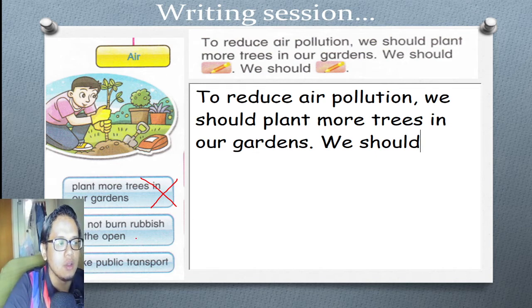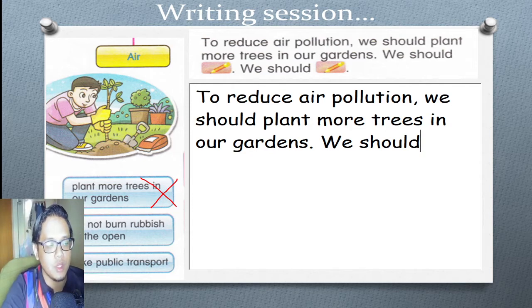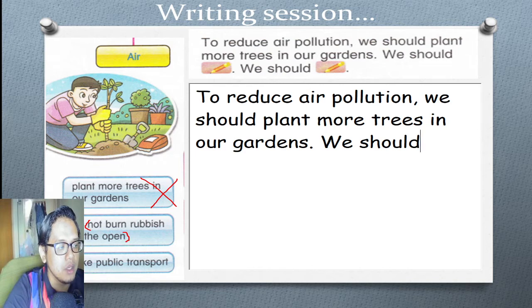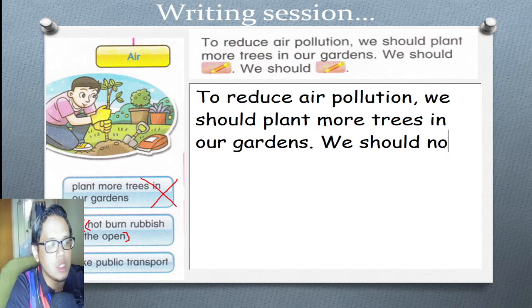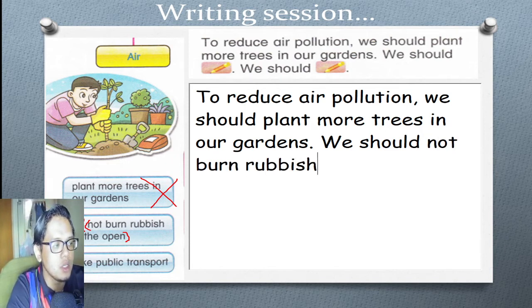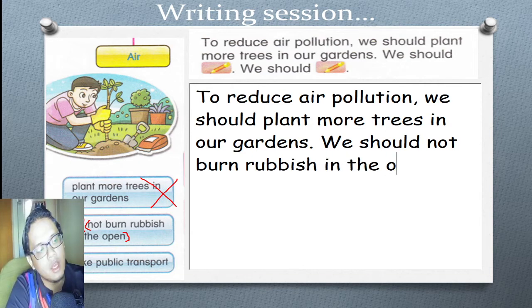The second point is do not burn rubbish in the open. So where should we take? Here. We should not. Remember, no need to write do. So the second point is we should not burn rubbish in the open. Done.